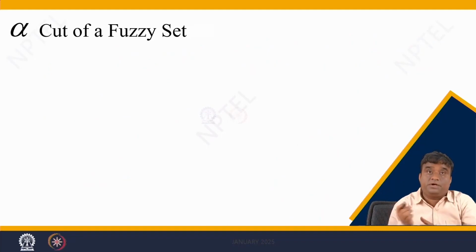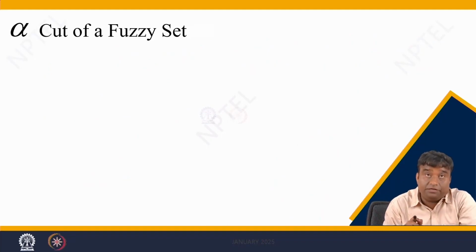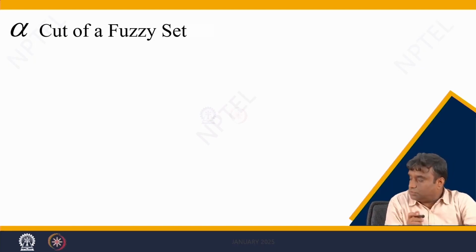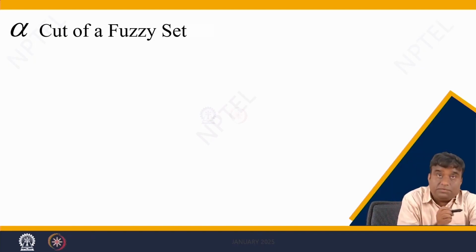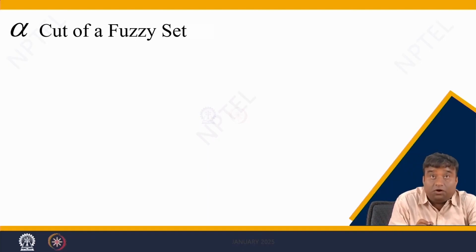Now try to understand the alpha cut of a fuzzy set. There are two concepts: one is the alpha cut, and one is the strong alpha cut.